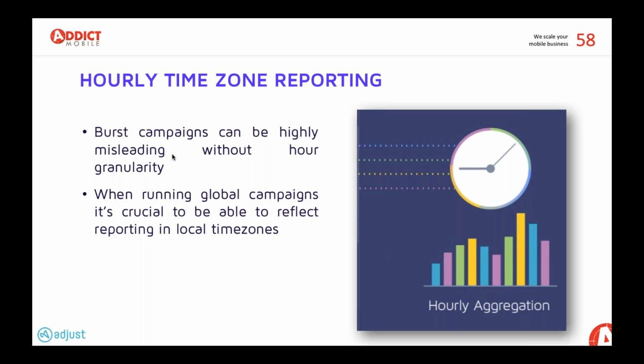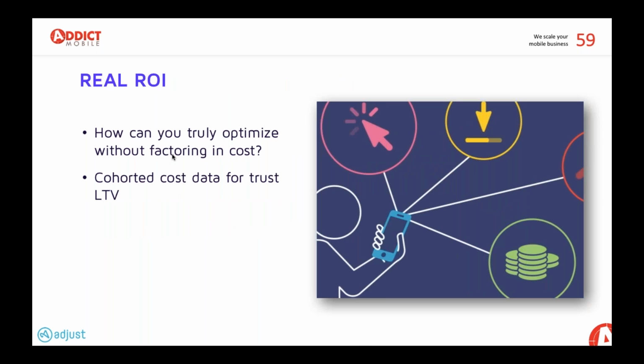The real ROI feature, as I mentioned, allows you to compare your CPM, CPI, and CPC for all your marketing partners, and compare the revenue generated by the users, so that you can keep investing on the sources that bring you the best users, and cut the ad spend in the less profitable sources.